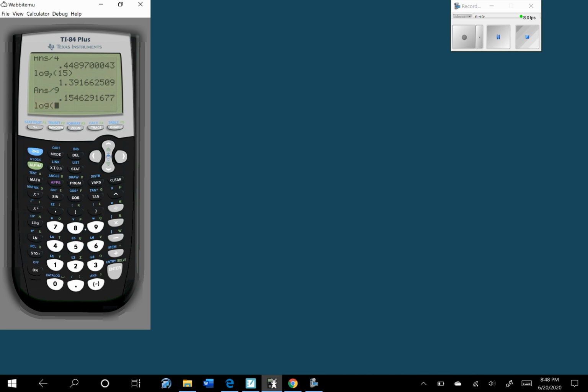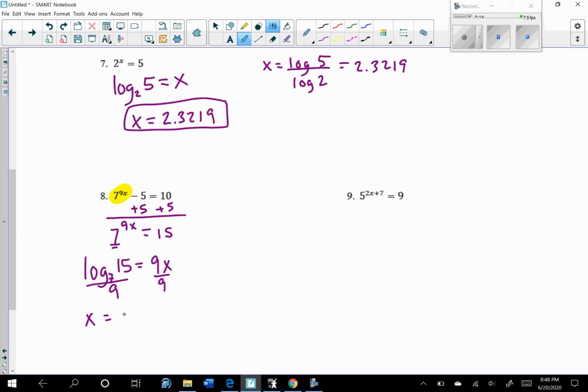The log of 15, parentheses, divided by the log of 7, close parentheses, and hit enter, and then divide that answer by 9. So be careful with parentheses if you do it that way. So this gives us 0.1546.